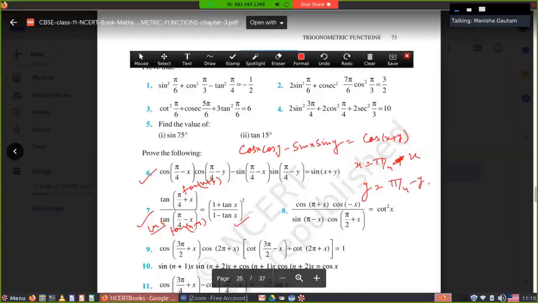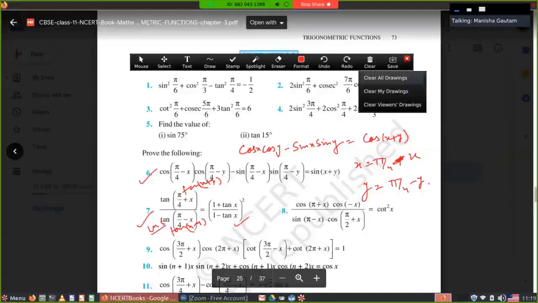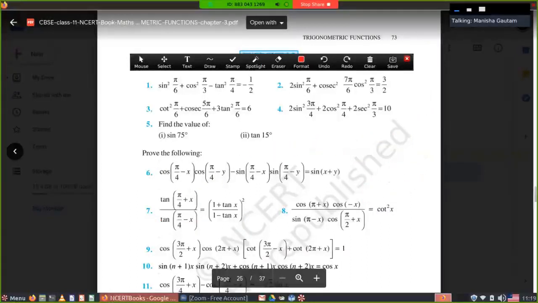Now here in question number 8: cos(pi plus x) cos(minus x) upon sin(pi minus x) cos(pi by 2 plus x). Here you have to draw the quadrant diagram again.